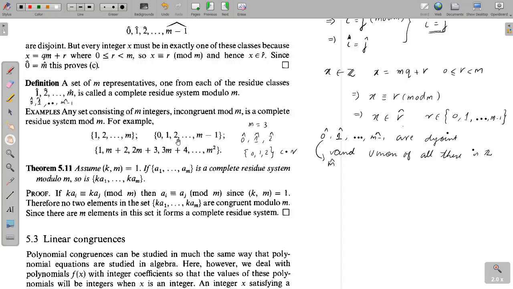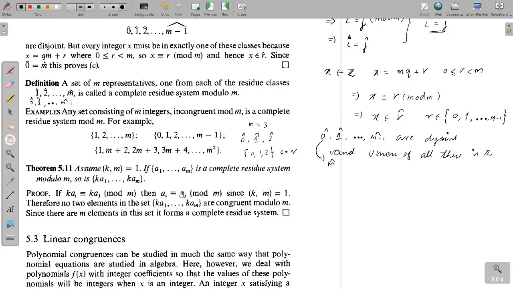Assume gcd of k comma m is equal to 1. If the set a1, a2, etc., am is a complete residue system modulo m, so is ka1, ka2, etc., kam. Okay, so this is because ka_i congruent to ka_j mod m, you can cancel this k, because gcd of k comma m is equal to 1.